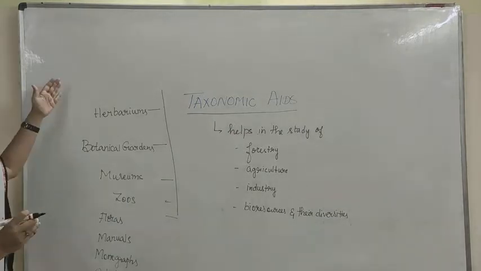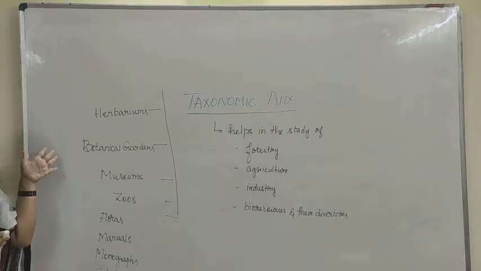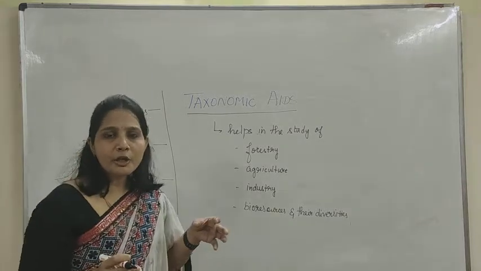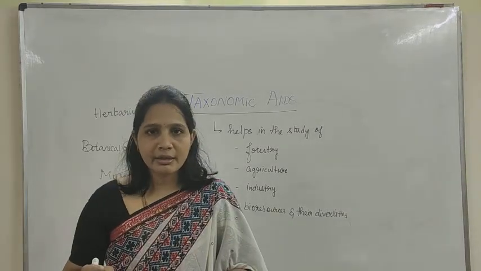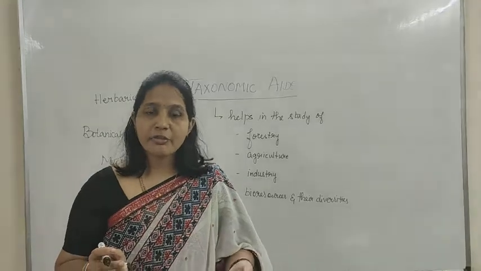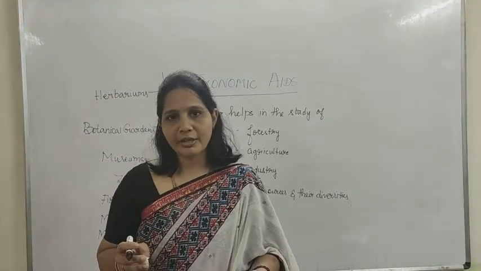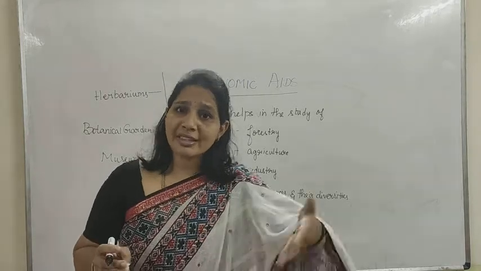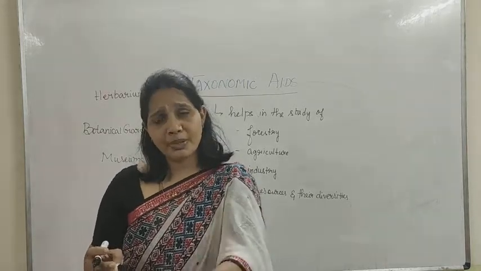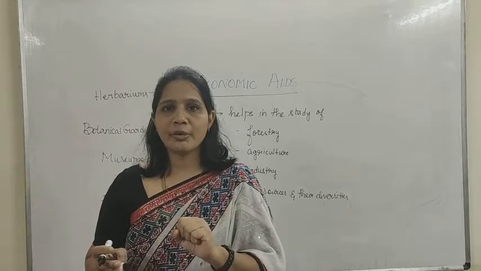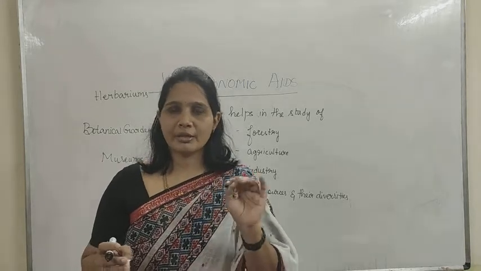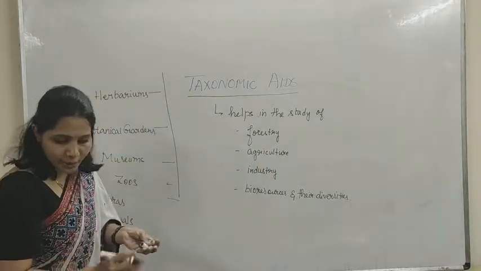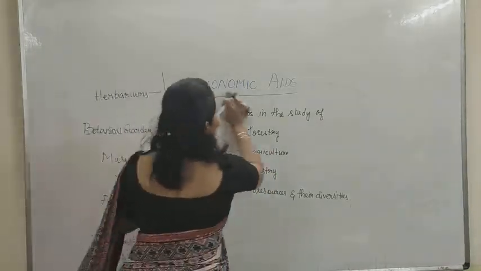Right. So in order to store the information for all this, what is initially being done? A particular specimen is being collected, cultivated. If it is a plant, it is cultivated, and then it is dried, stored, preserved, and then the information about it is collected and stored. Right? So first one, let us see about the herbariums.